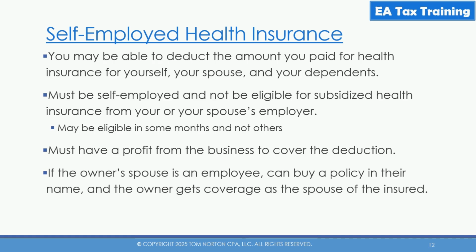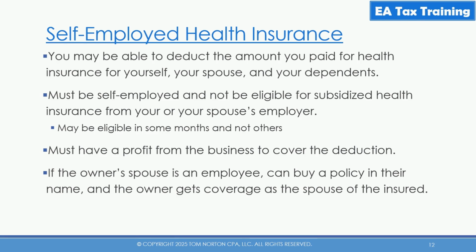Similarly, if your spouse has access to subsidized health insurance that you could be on, then you cannot take this deduction. In addition to that, you have to have a profit from the business in order to cover the deduction. So in other words, the self-employed health insurance deduction cannot cause you to, in effect, have a loss from your business. So you can go to zero. You can use as much of the health insurance premiums as you need to get down to zero, but you cannot go below zero.